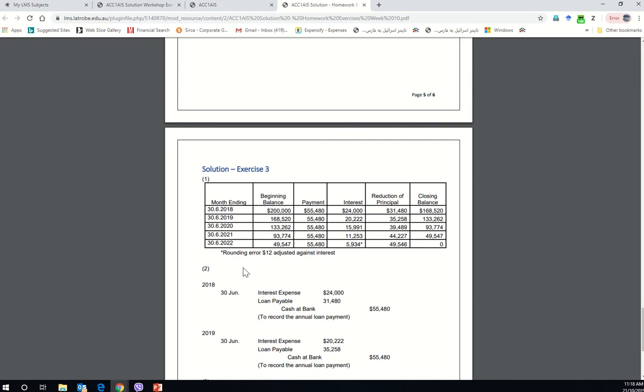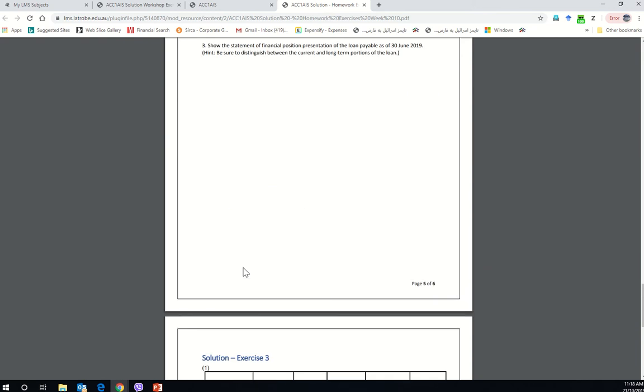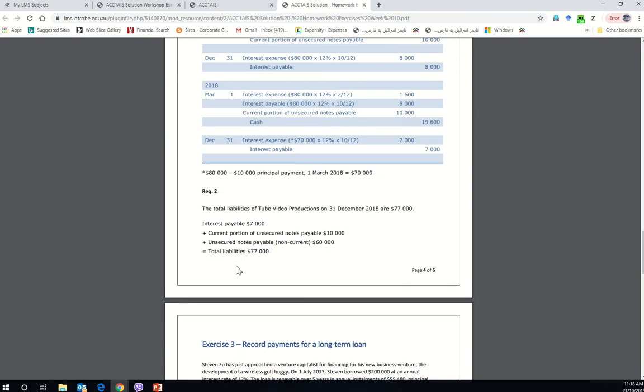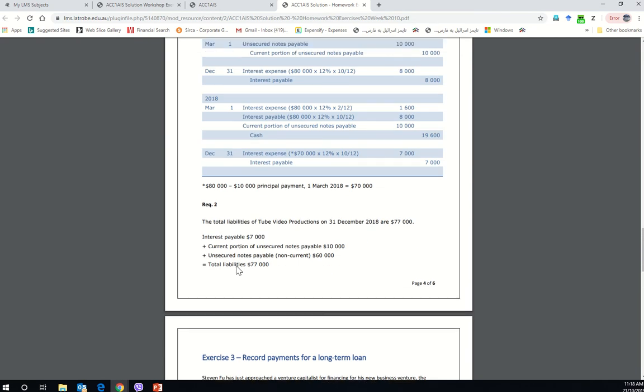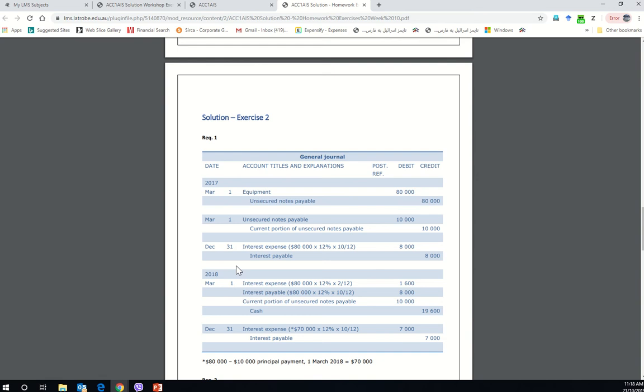So make sure you are able to draw the tables for a calculation of reduction in the loan, and for the unsecured note, make sure you understand how to divide the current liability from the non-current liability, because usually the current liability portion is paid within 12 months and the non-current liability portion is paid after 12 months here.